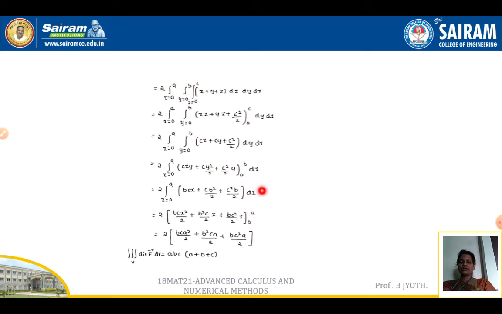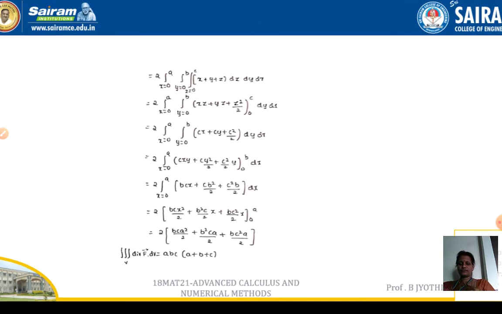Now finally we will integrate this with respect to x. So we get bc x square by 2 plus b square c x by 2 plus bc square x by 2, and wherever x is there, it is replaced with a because the lower limit is 0. Now we get bc a square by 2 plus b square ca by 2 plus bc square a by 2.